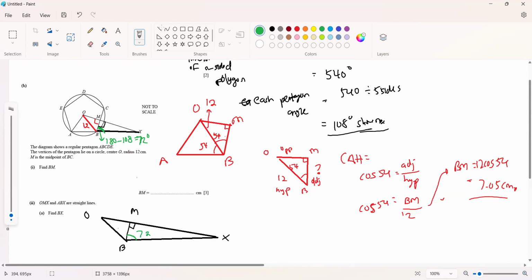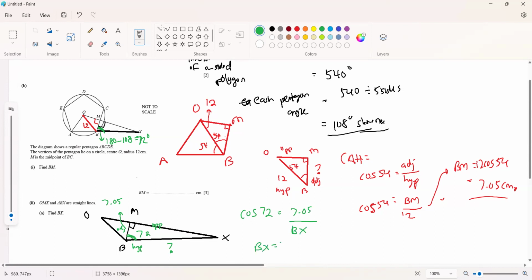So in other words, we know that it is 72 degrees. And also we calculated earlier that BM is 7.05. So from there, again, we can use our trigonometry to find BX. BX is the hypotenuse in this case. We have the adjacent according to the angle perspective, so we can use cos yet again. So cos of 72 equals 7.05 over the hypotenuse, which is BX.